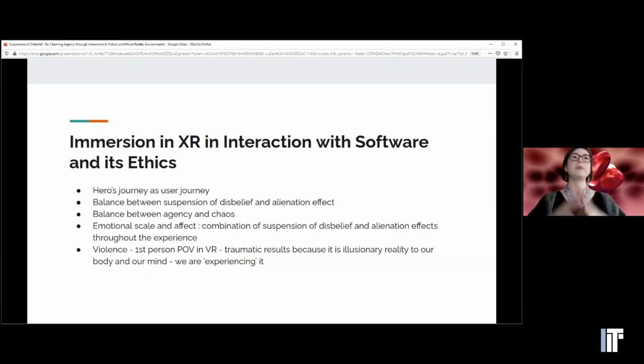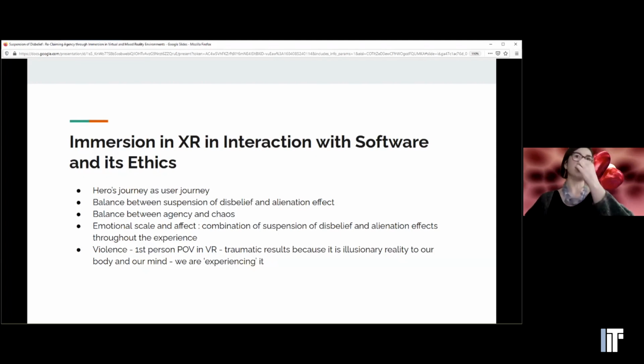Not all of it, but some of it, and I will show this to you shortly. Also, I balance between suspension of disbelief and alienation effects, which means I also balance between the user's agency and the chaos of the software. So emotional scale and effect is basically a combination of suspension of disbelief and alienation effects throughout the experience.